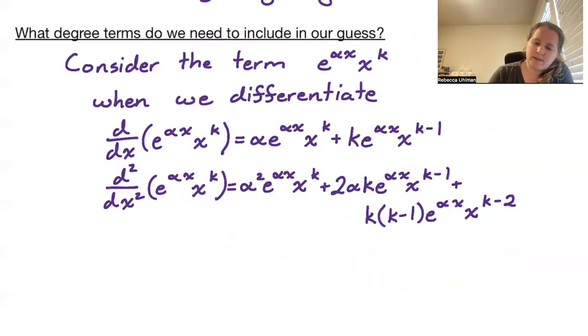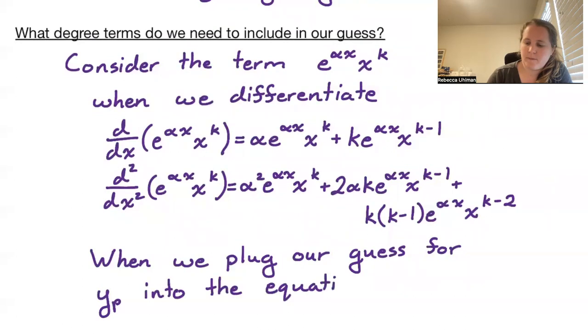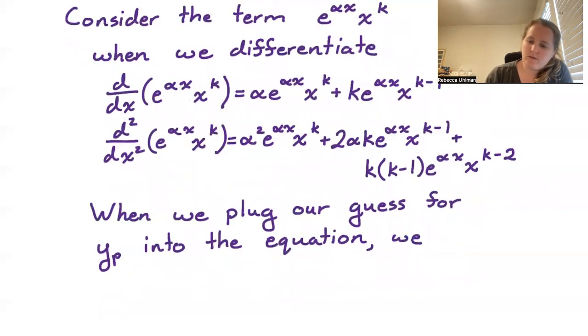So what happens is when we plug in our guess for yp into the equation, we will introduce all terms of sort of lower degree, right? So we will introduce lower degree terms.